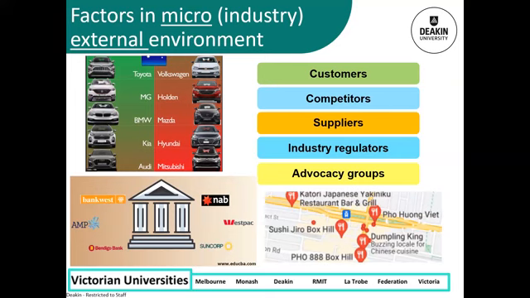On the bottom right is a map of restaurants in Box Hill. Their environment is a little bit smaller, but they are still in the same industry, doing the same things. They're still competing for the same customers and against the same people, still using the same input supplies. They're also regulated by the same local government food safety body that looks at all those requirements.